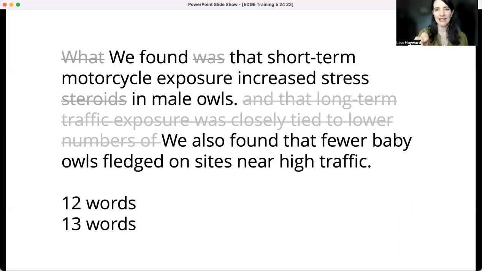I've done things like increase stress instead of stress steroids, which is actually instead of stress steroid metabolites, which would be the more accurate way to say this. So this is very cringy for a stress physiologist to just say stress in male owls, but I've made that decision in the interest of being more accessible in my communication and conveying what is really the main message for my target audience, forest service managers.